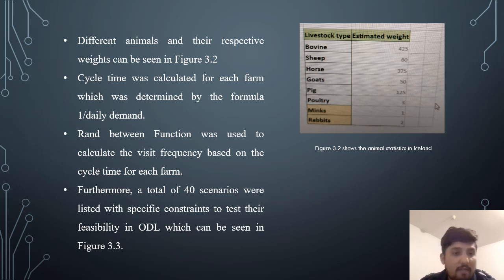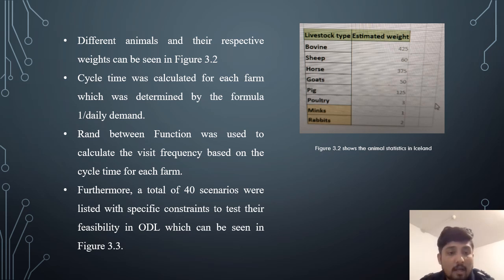Then we calculated the cycle time. Cycle time was calculated for each farm by the formula 1 divided by the daily demand. It is the amount of time taken for one animal to die in each farm.